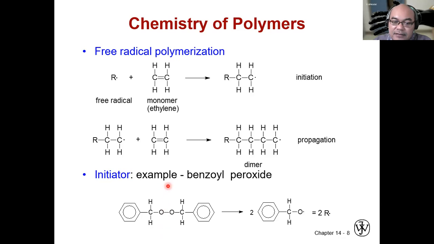When we cut this benzoyl peroxide at the middle between the two oxygen atoms, it will form free radicals, because now the oxygen atom has one electron, also a dangling bond, which is ready to seek a monomer to bind with and to make initiation. And then later it becomes propagation. So from one benzoyl peroxide, two free radicals can be made.